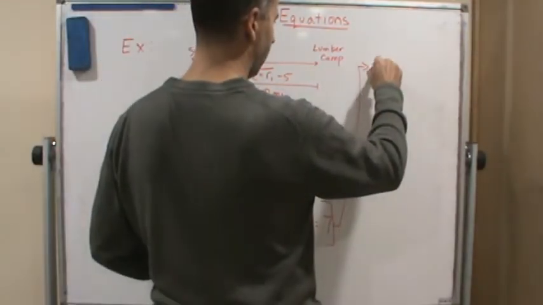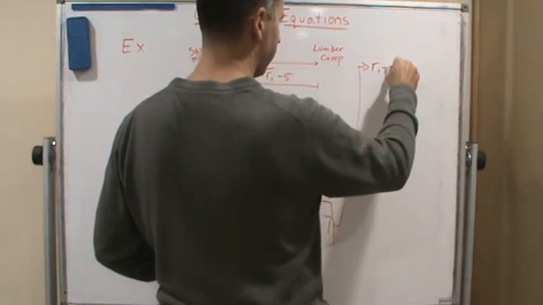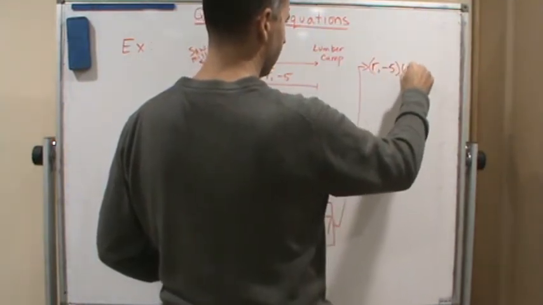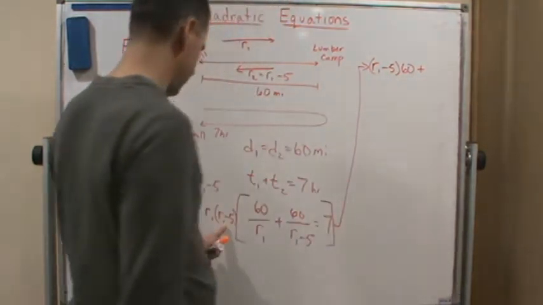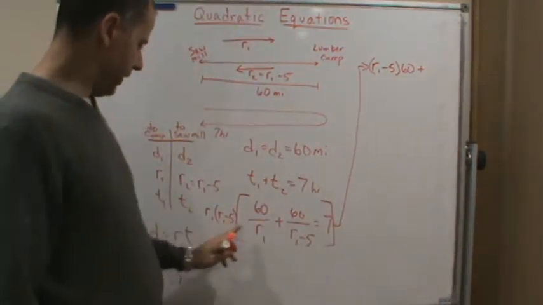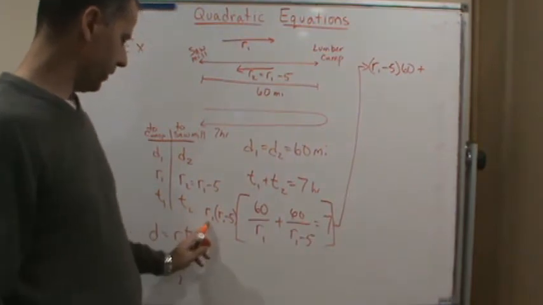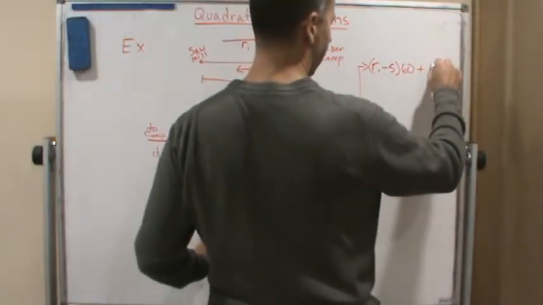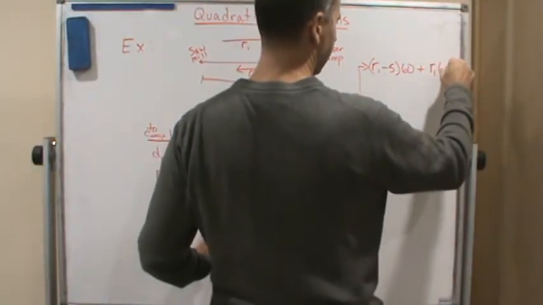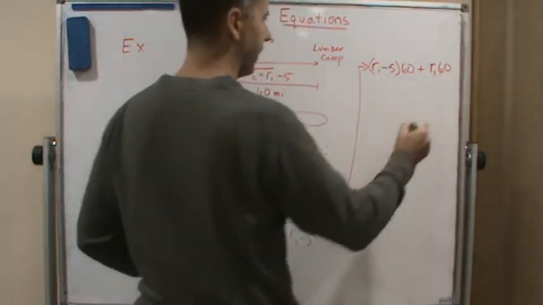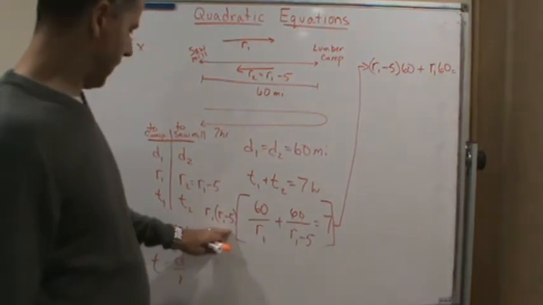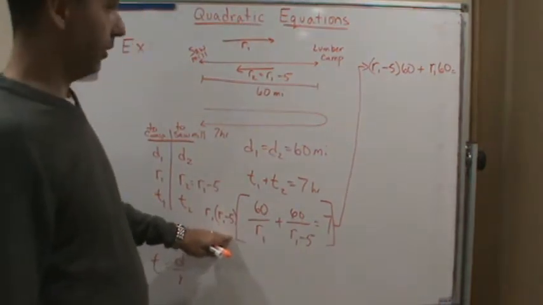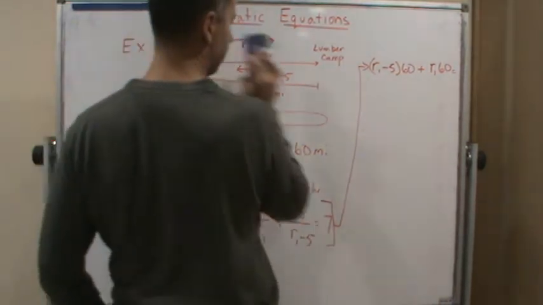That's going to give me R1 minus 5 times 60. Plus, now over here, these two are going to cancel, and it's going to leave me with R1 times 60. And that's going to equal 7 times this thing. Okay, so we're not done yet. Oh, let me give myself some more room.